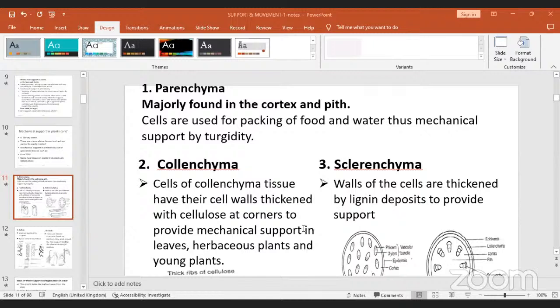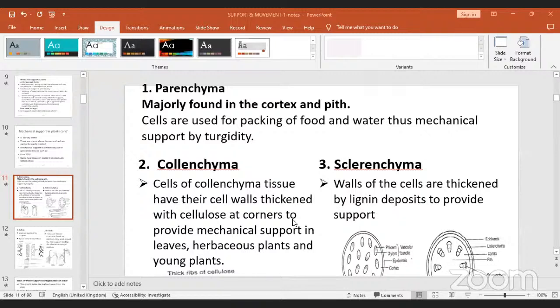We have the collenchyma tissues. Collenchyma tissues are tissues that are mainly thickened with cellulose at their corners. Around 88% of their structure is cellulose, and they also have 12% pectin that is covered.